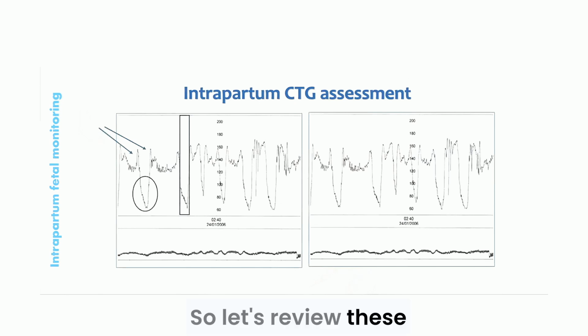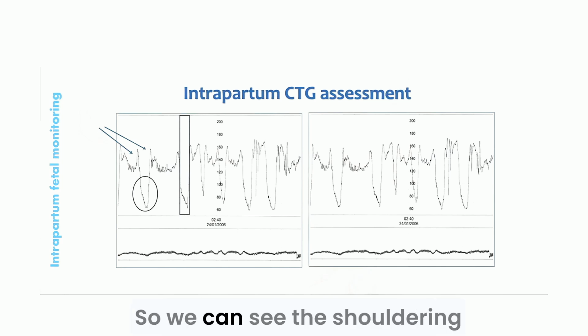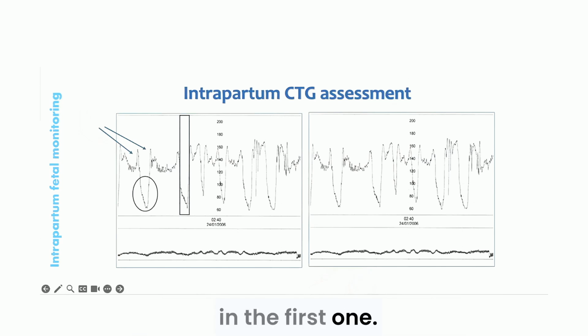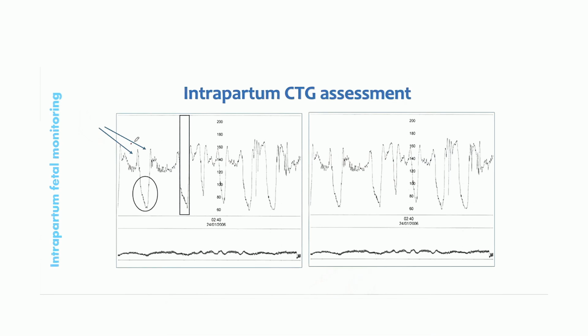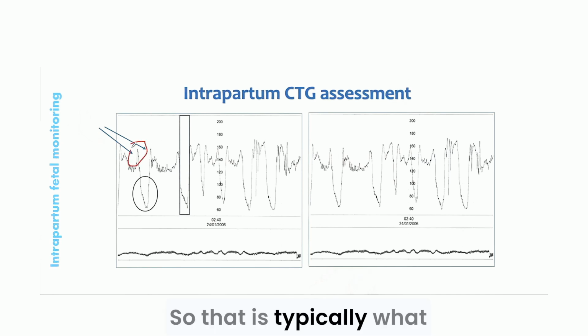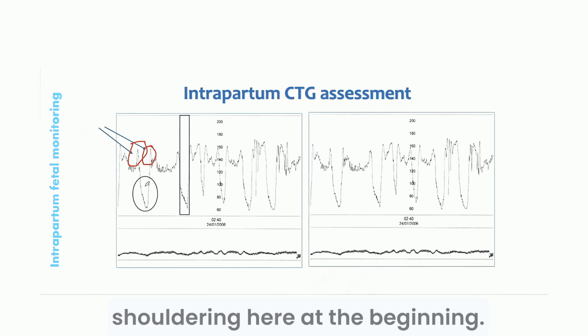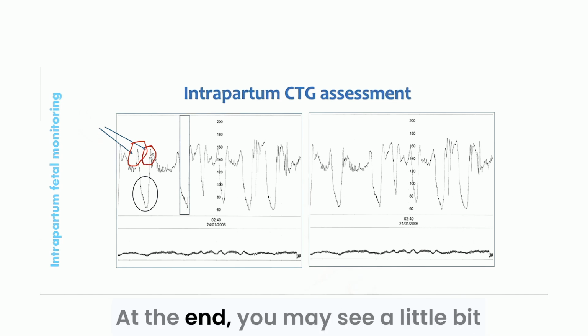So let's review these variable decelerations, just as a way of illustrating what we have discussed. We can see the shouldering in the first one. That is typically what we call shouldering. You can see shouldering here at the beginning and at the end.